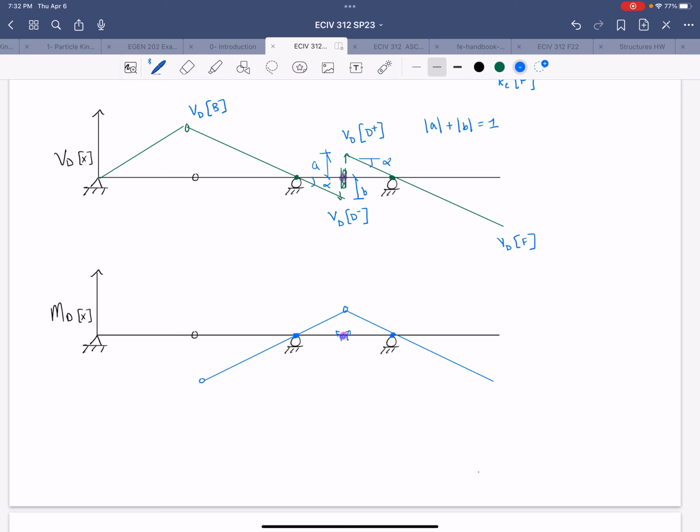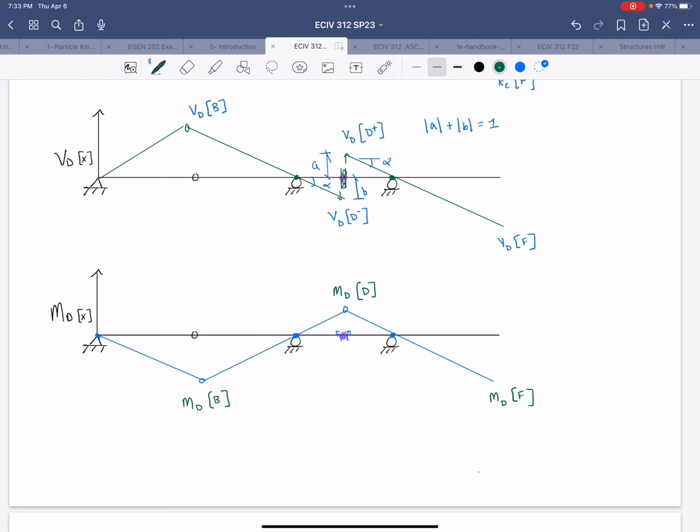At B, we have another hinge, so we can change slope and meet the support condition at A. So this is now our qualitative influence line for the moment at D. We'll label these values MD when the unit load is at D, and MD when the unit load is at B, and MD when the unit load is at F.